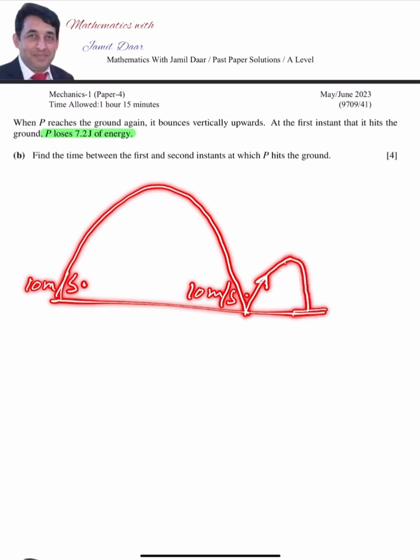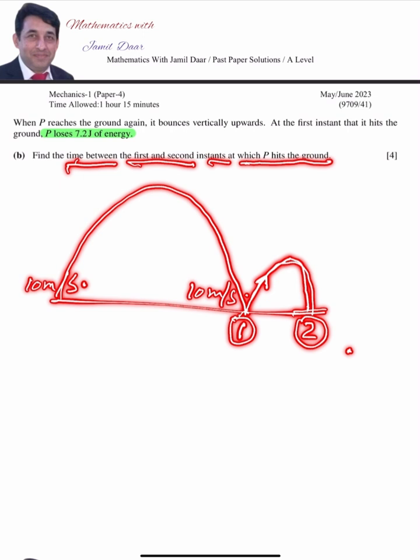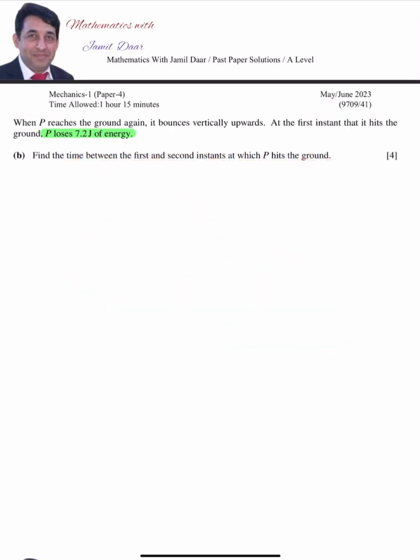again hit the ground. So we have to find out the time between the first hitting the ground and the second hitting the ground, right? So this is the time between the first and the second instant at which P hits the ground. So we have to find out the time for this journey. First of all, we'll find out what is the kinetic energy when it hits the ground.